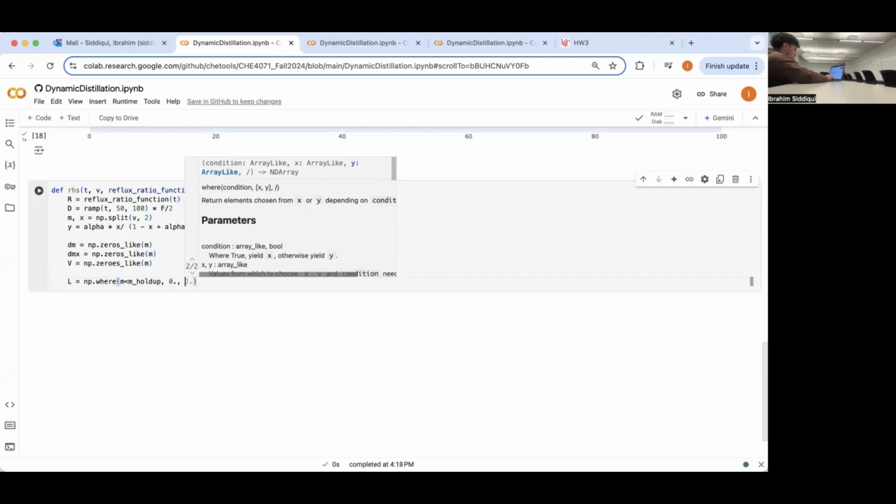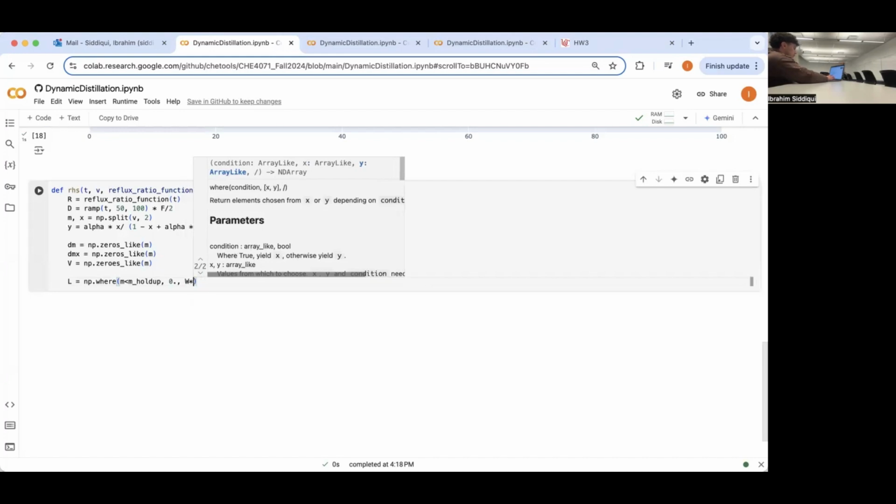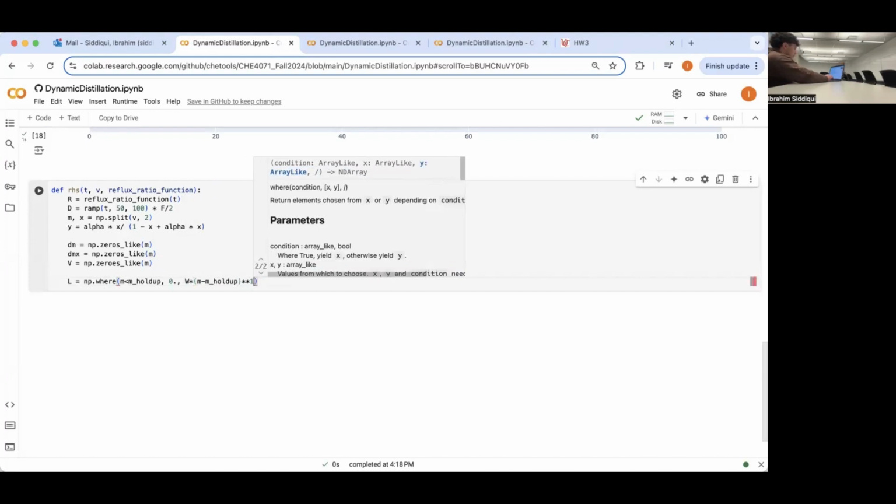And then we can introduce this where, so that we kind of do what we drew out in the last part of our video. And this will be multiplied by that equation that we just looked at, which is our m minus m underscore hold up. And then this will be to the 1.5 power. So we can denote this by two of these and then 1.5 and finally close this out.